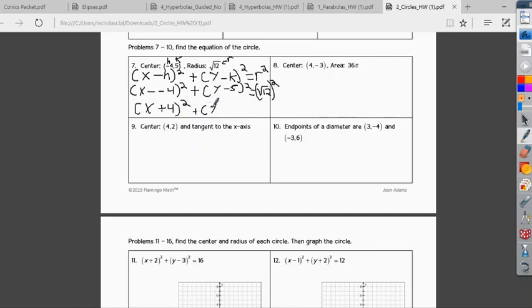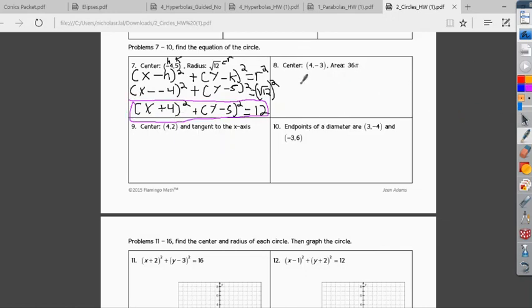And the square root of anything squared is what is under the square root. So the square root of 12 squared is 12. This gives us an equation of x plus 4 squared plus y minus 5 squared is equal to 12.